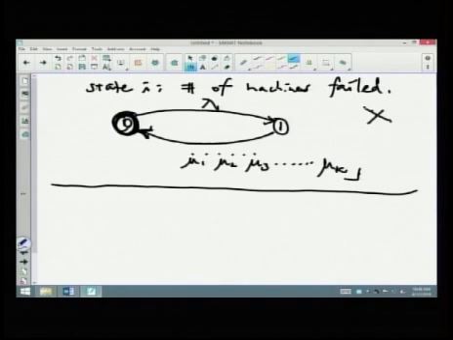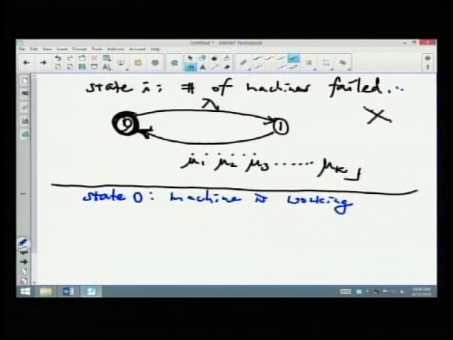So this time, I do say state 0 means the machine is working. Just like that, right?